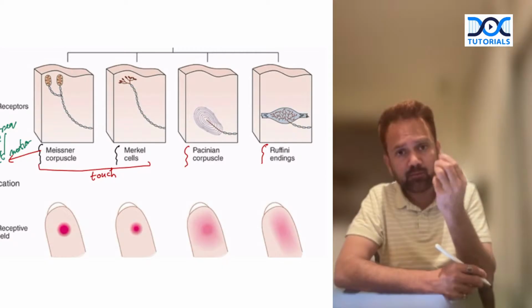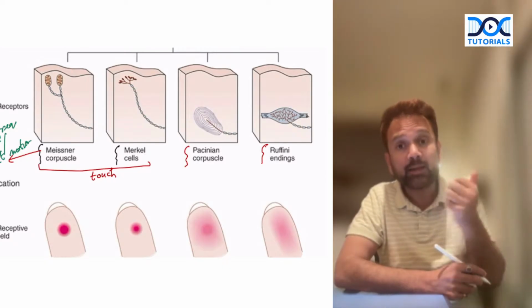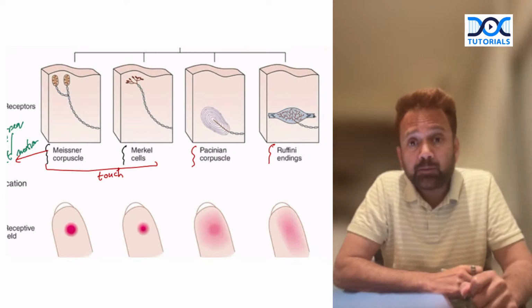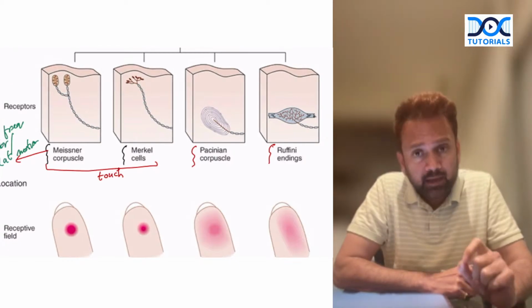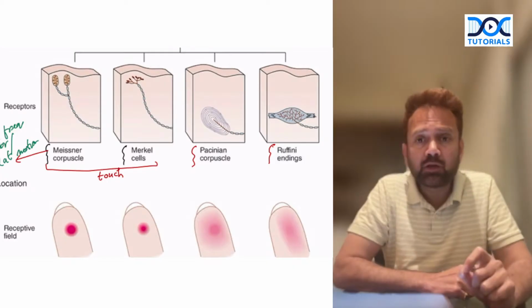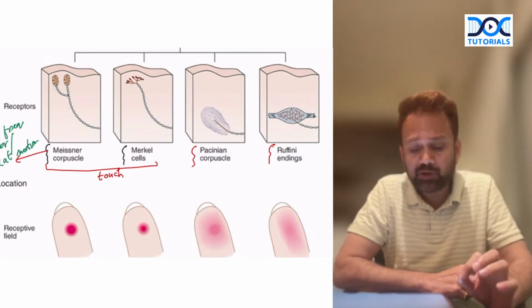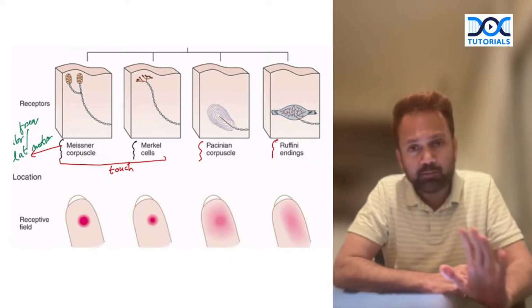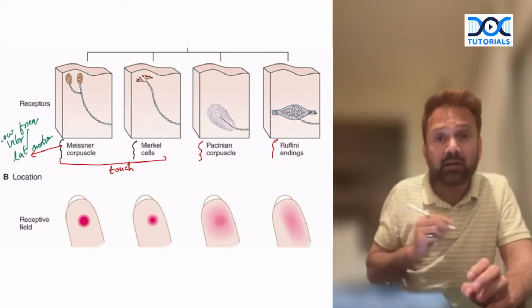When you move your fingers like this, you are doing lateral motion or slow frequency vibration. So which receptor on your skin is responsible for lateral motion or low frequency vibration? The answer is Meissner's corpuscle. Very simple.